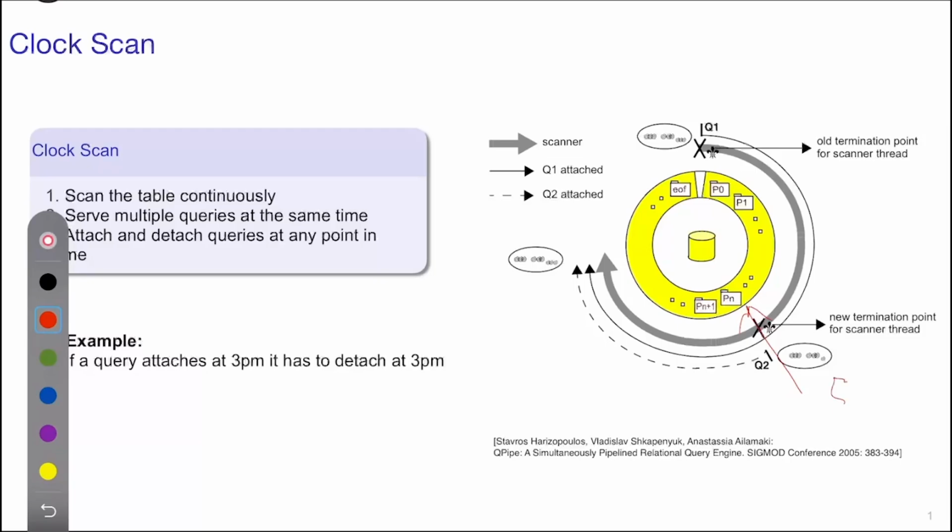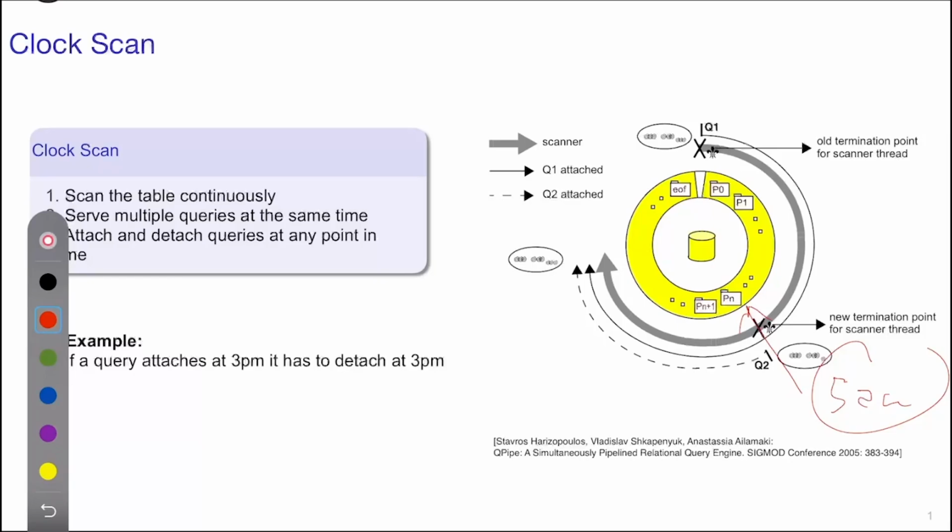The scan is going on, and you attach the query to the ongoing scan, and the only information you have to make sure is that this query was attached at 5 o'clock. It also has to be detached at 5 o'clock, because the invariant is each query has to see each tuple exactly once. So that translates to each query has to make one round, one scan around the clock.